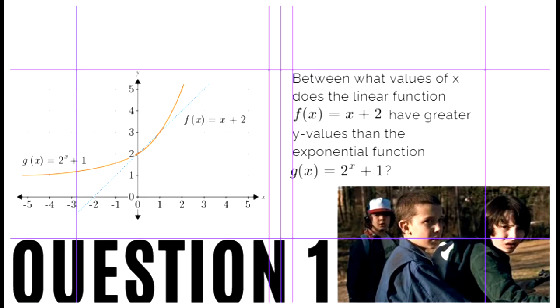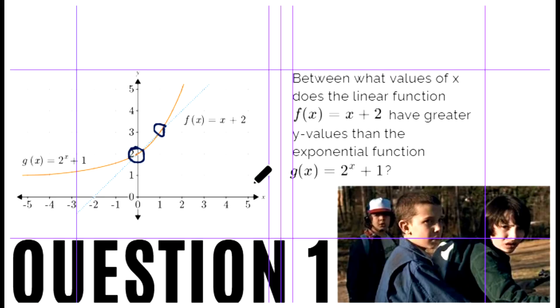Between what values of x does the linear function f of x equals x plus 2 have greater y values than the exponential function g of x equals 2 raised to the power of x plus 1? So we can look here, we can see f of x is the blue. f of x is losing until we hit somewhere in here, and then it's winning a little bit, and then it starts losing again.